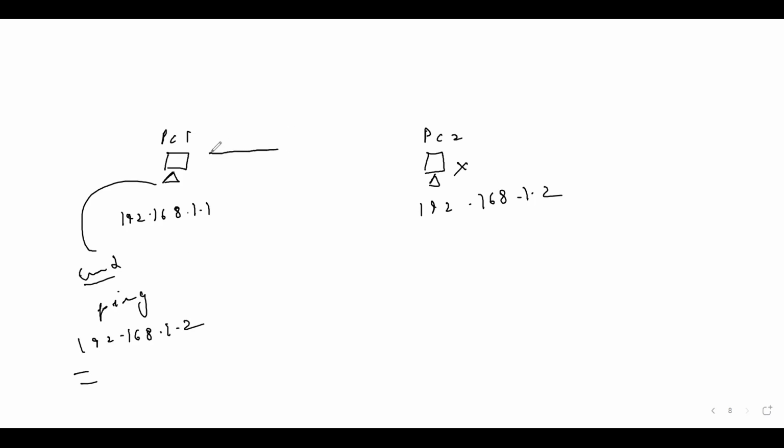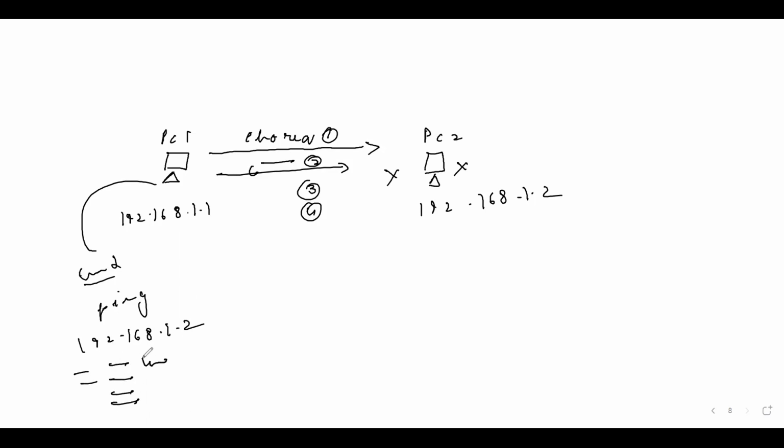It will send echo request 1, 2, 3, 4, but it is not replying. So it will show unreachable, 0% success rate. Actually, that is the process. There is one more protocol that works, ARP, Address Resolution Protocol.